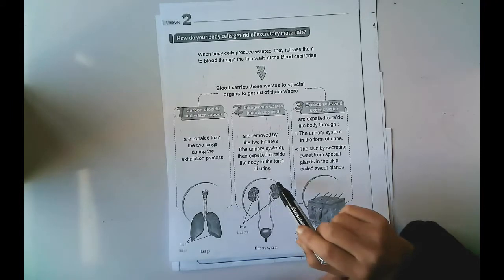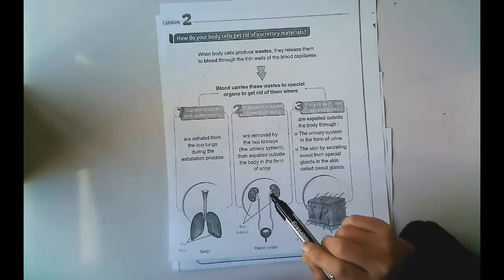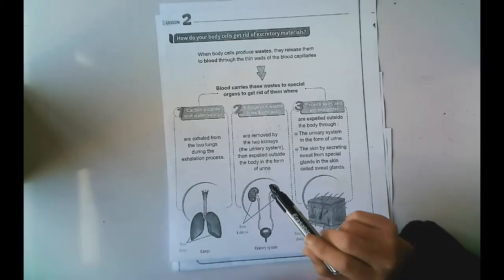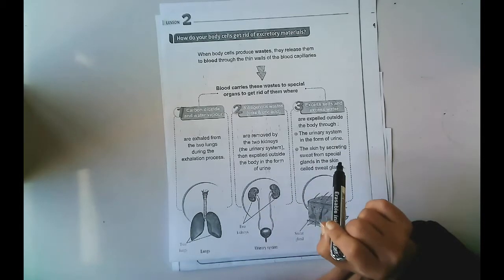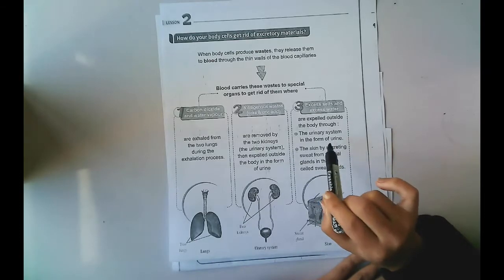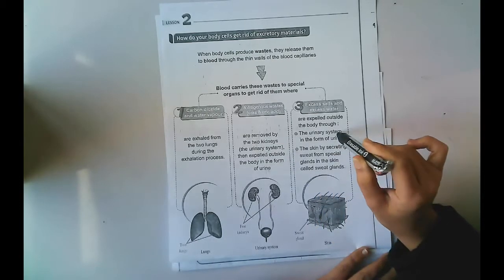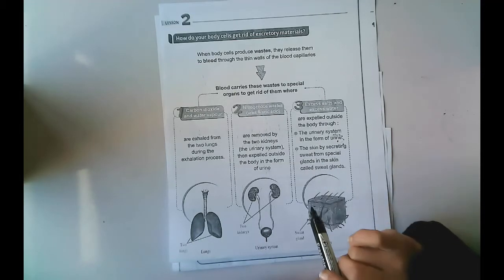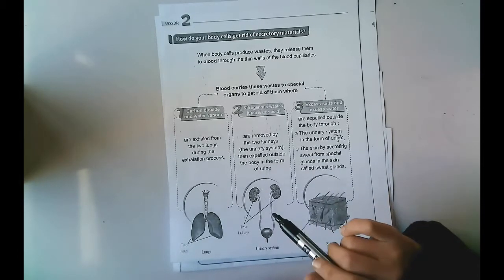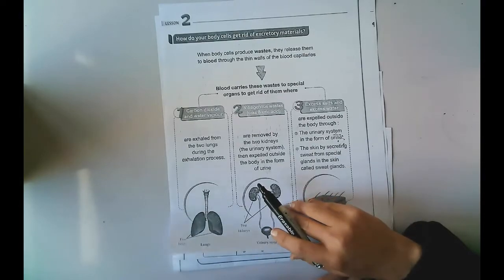The kidney filters the blood and removes the urine out of the body. The excess salt and excess water leave in the form of urine through the urinary system, and the skin is the second organ which gets rid of excess water and excess salt through sweat.